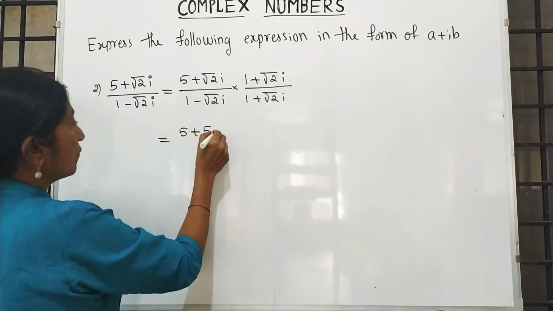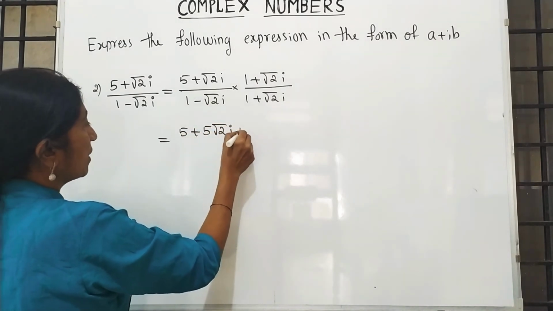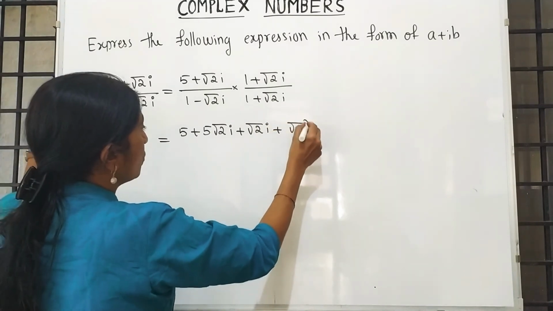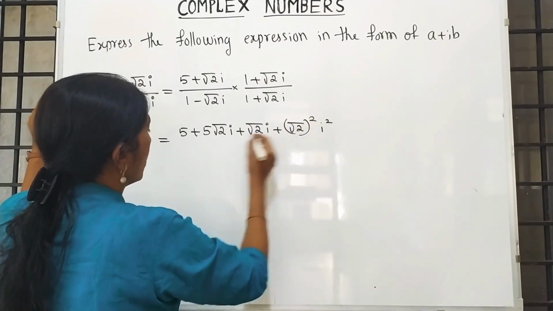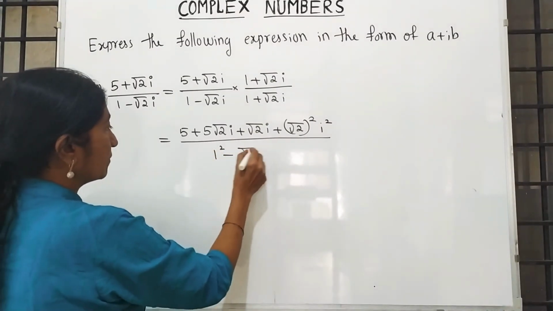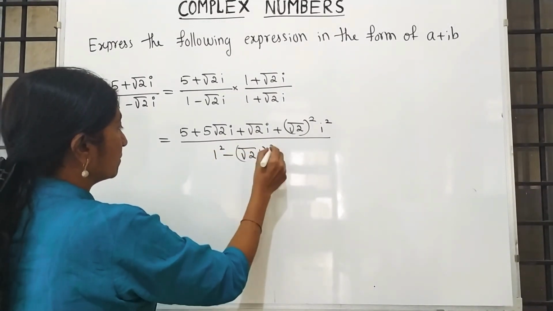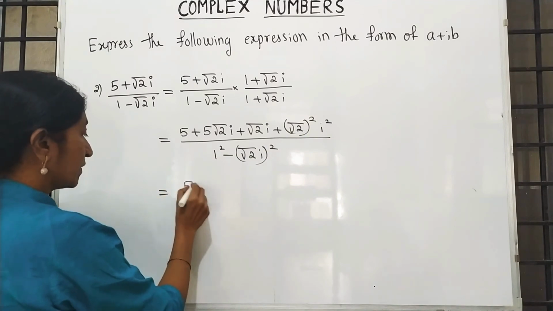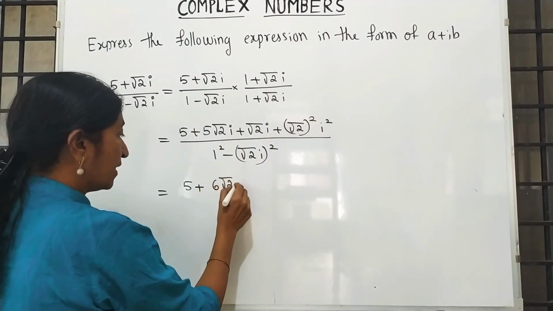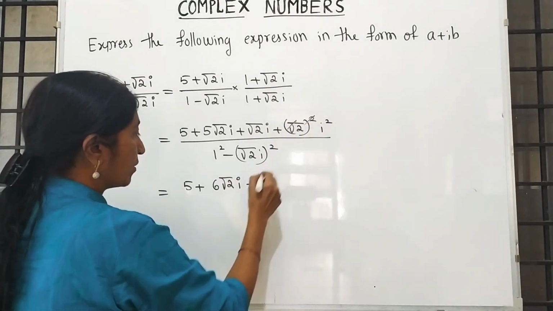5 plus 5 root 2i plus root 2i, root 2 square into i square, divided by a plus b, a minus b. 5 root 2 plus root 2 is 6 root 2i. Here square root and square get cancels.